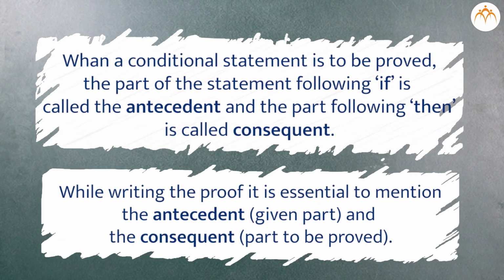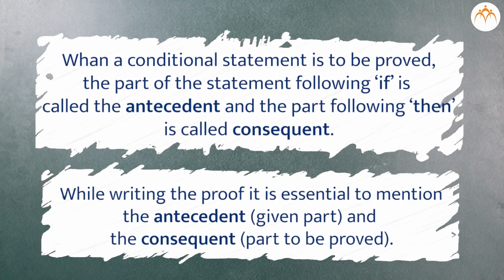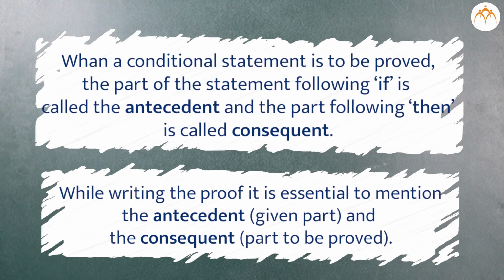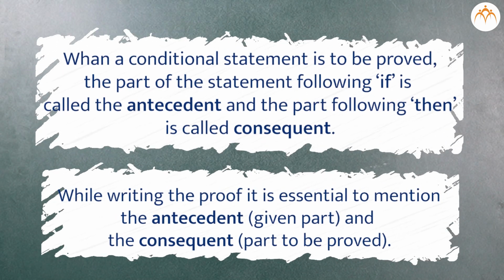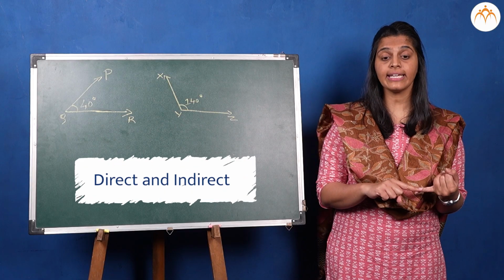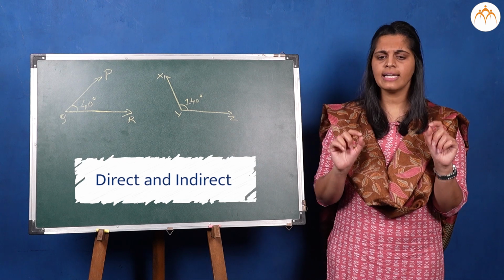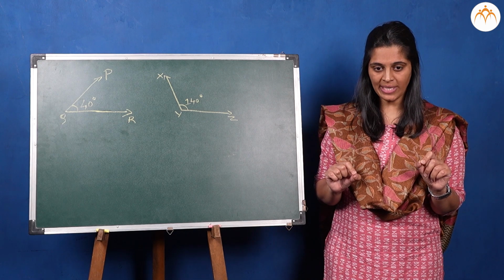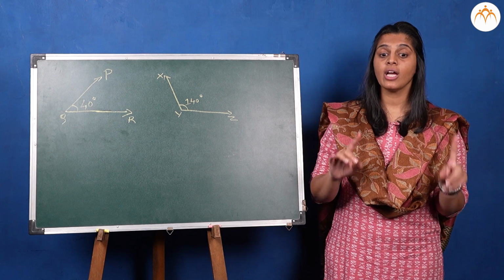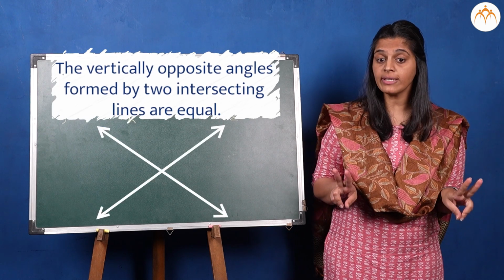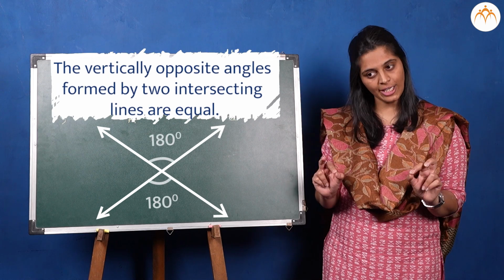While writing the proof, it is essential to mention the antecedent given part and the consequent part to be proved. Now there are two types of proofs, direct and indirect. Let's learn a theorem and its direct proof. So theorem. The vertically opposite angles formed by two intersecting lines are equal.